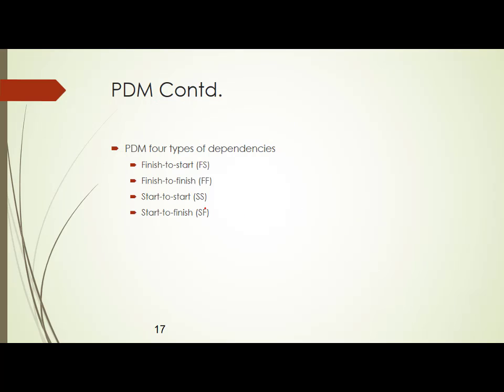Now this precedence diagramming method has 4 dependencies. One is finish to start, finish to finish, start to start, and start to finish. We call them FS, FF, SS, and SF.